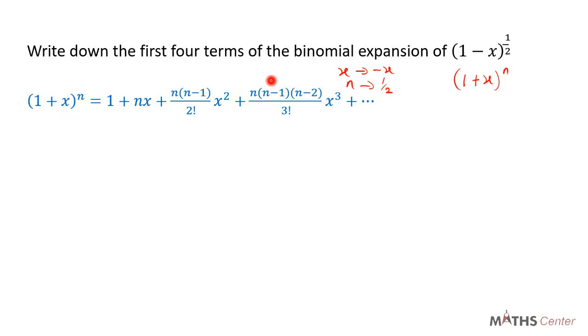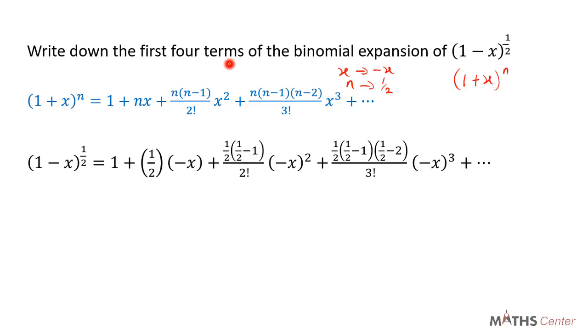So to get the expansion of (1 - x) exponent half, we are going to replace x with negative x and n with half here. Remember, we are writing down the first 4 terms. So (1 - x) exponent half is going to be 1 plus n is half, so half times x is negative x, then plus half times (half minus 1) divided by 2 factorial.